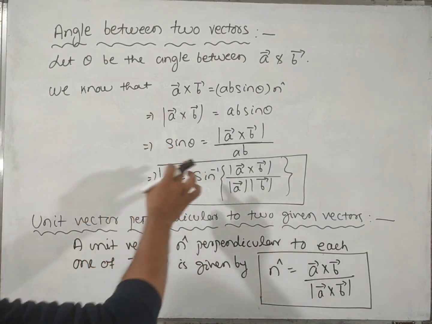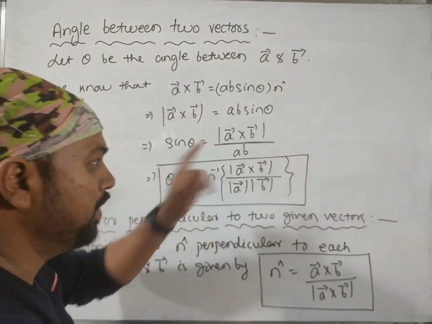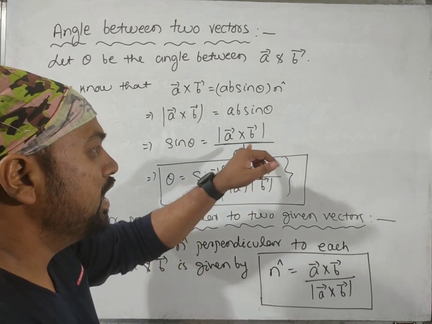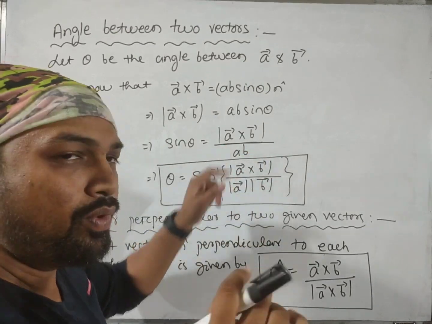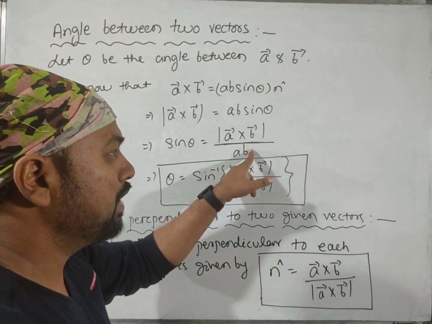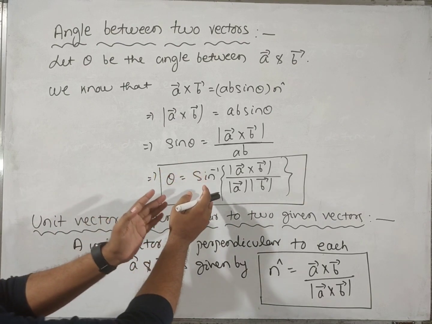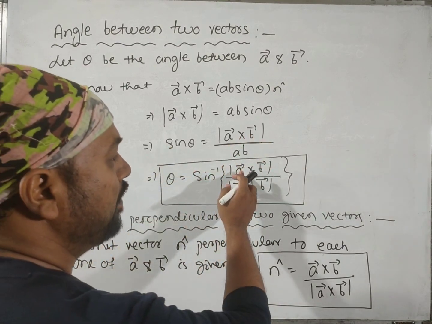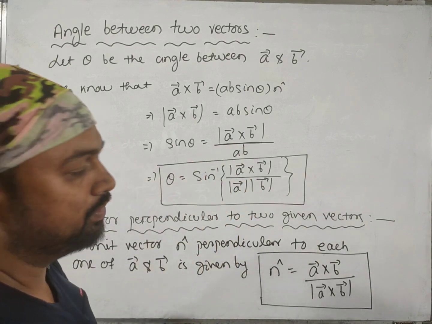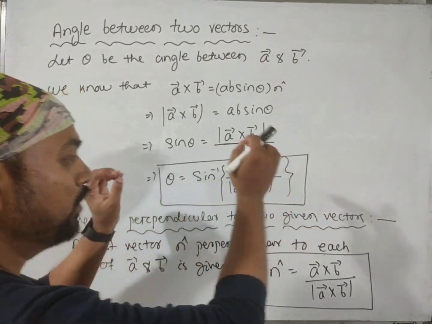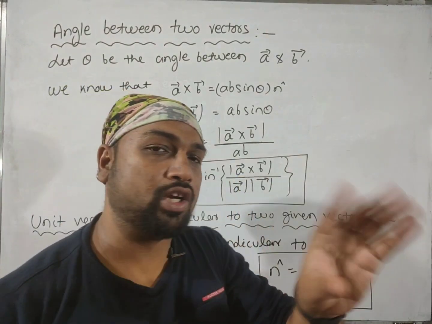So sin theta will be the magnitude of a vector cross b vector divided by AB. In place of A, we write the magnitude of A vector, and in place of B, the magnitude of B vector. So theta will be sin inverse of the magnitude of a vector cross b vector divided by the magnitude of A vector multiplied with the magnitude of B vector.